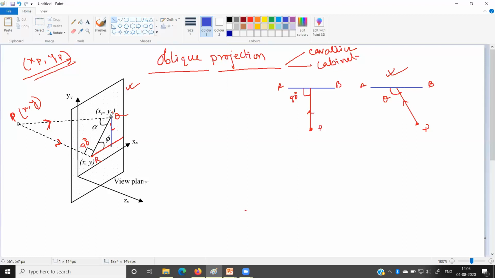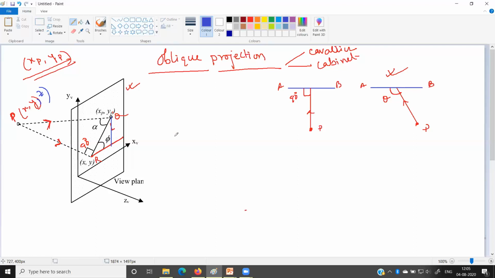Definitely you can understand that if this point XY falls on this point R, it will remain XY in case of orthographic projection, because this point P is in the three-dimensional domain. So apart from XY, there is another coordinate Z. When it falls on the XY plane, only the Z part will be removed and Z will be 0. So the coordinate will still remain XY.